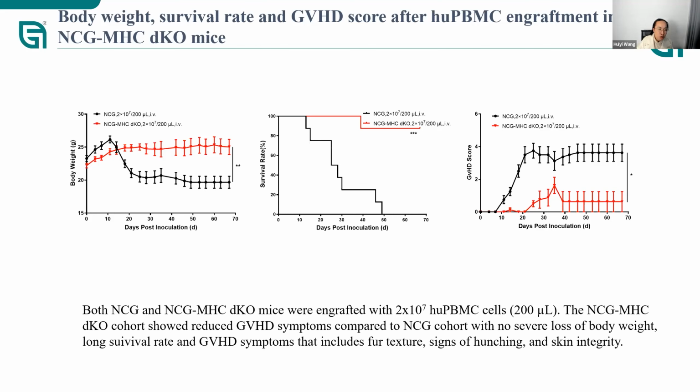Also for the survival rate and the GVHD score, NCG MHC-DQ showed reduced GVHD symptoms compared to the NCG, with no severe loss of body weight, no effect on survival rate, and nearly no GVHD symptoms.